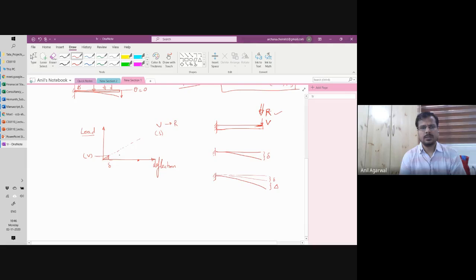When the load is applied, that real load will be doing some work, and that will be this area. In the process, you will develop an additional deflection, or I can just start with delta plus delta.